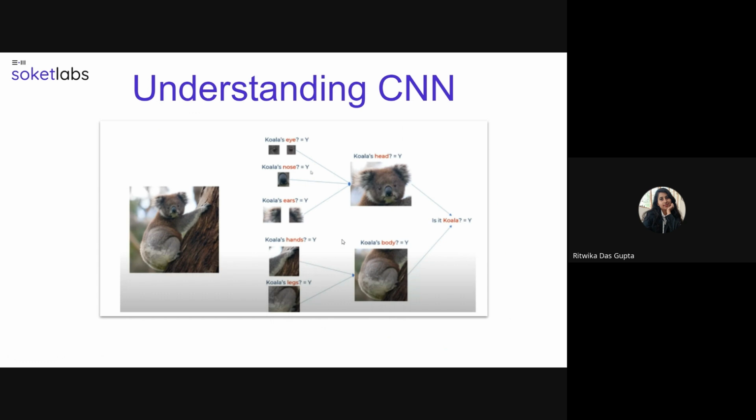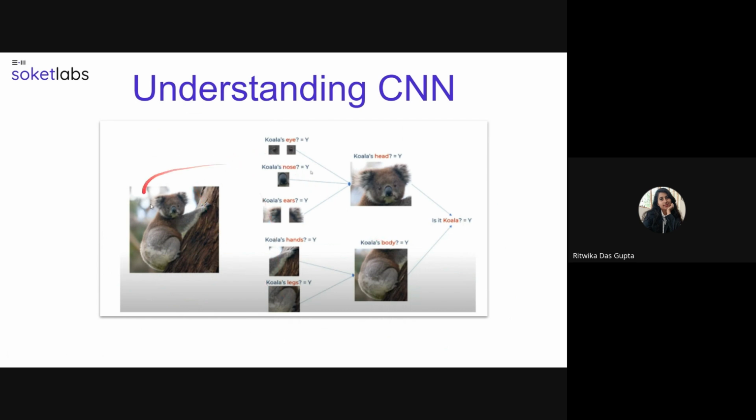These are part by part explanations of each part of the architecture that will go into Whisper. So CNN, I think everybody knows, is the convolutional neural network, which helps us break down a particular image, understand all the features of the image, and then identify what kind of image it is.